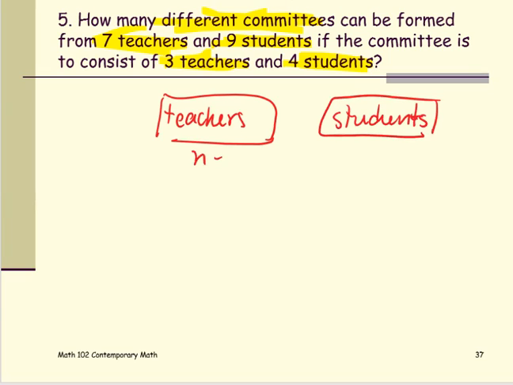we have a total of 7 teachers, and we select 3 from this group. For the group of students, we have 9 people. We're gonna select 4, and the order makes no difference in this situation.